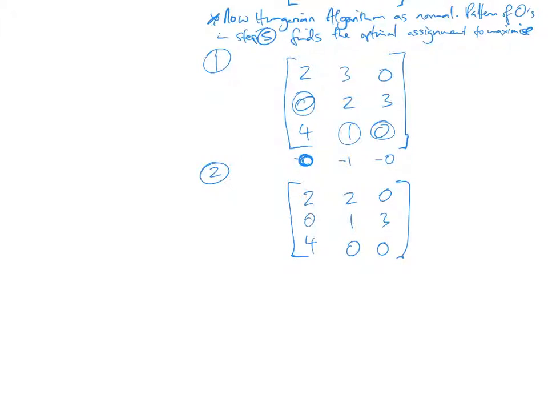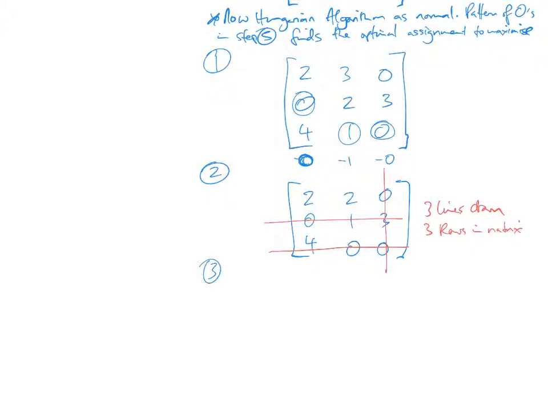Step 3: draw lines through the zeros, and I've told you to look for rows with multiple zeros first, columns with multiple zeros first, and then finish off. 3 lines were drawn, 3 rows in the matrix.